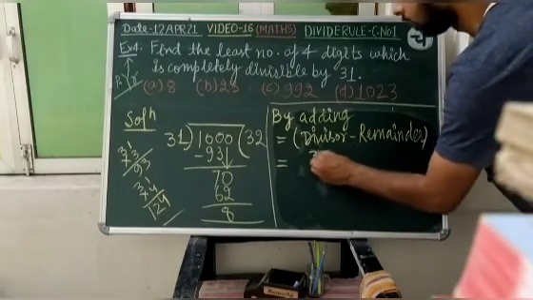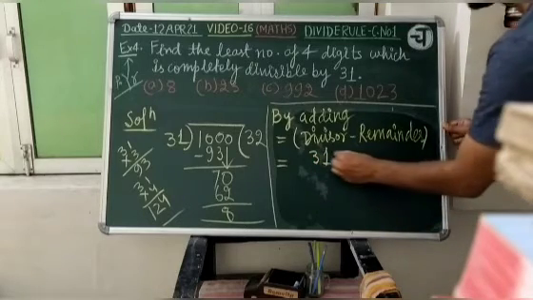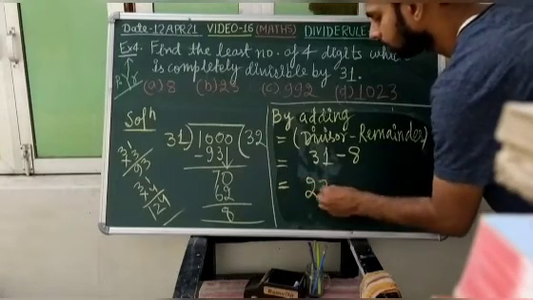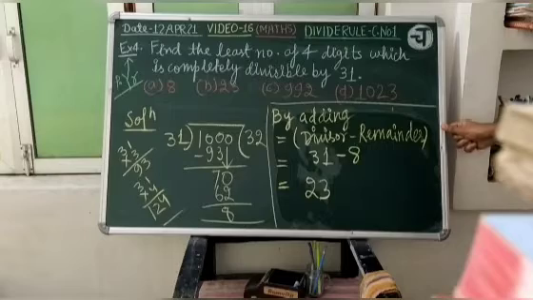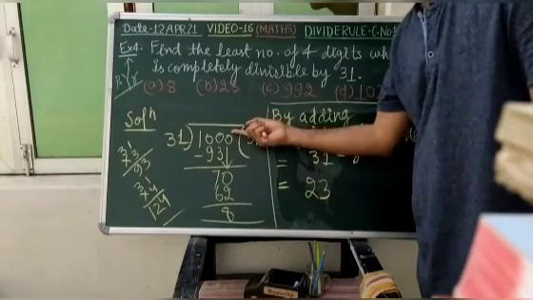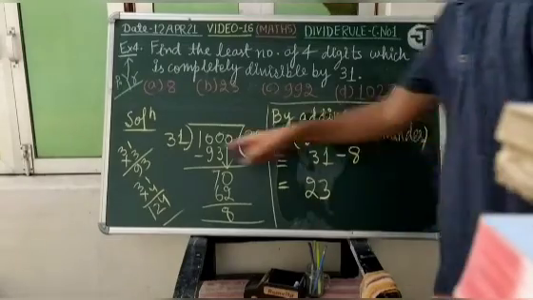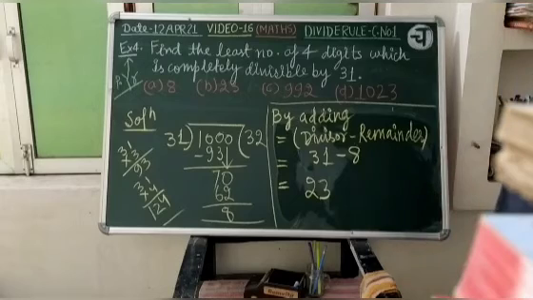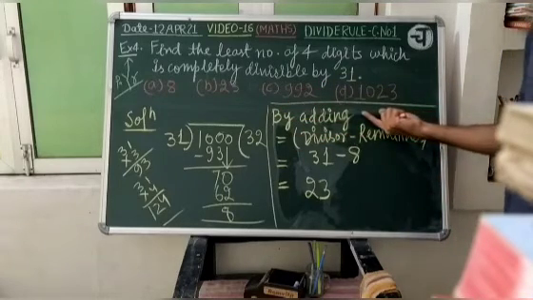Divisor is 31, remainder is 8, which will give you 23. So when you add 23 to it, it will become completely divisible by 31, and it will be of 4 digits. By subtracting we can't choose, since the number will become 3 digits. So we will choose the adding way.